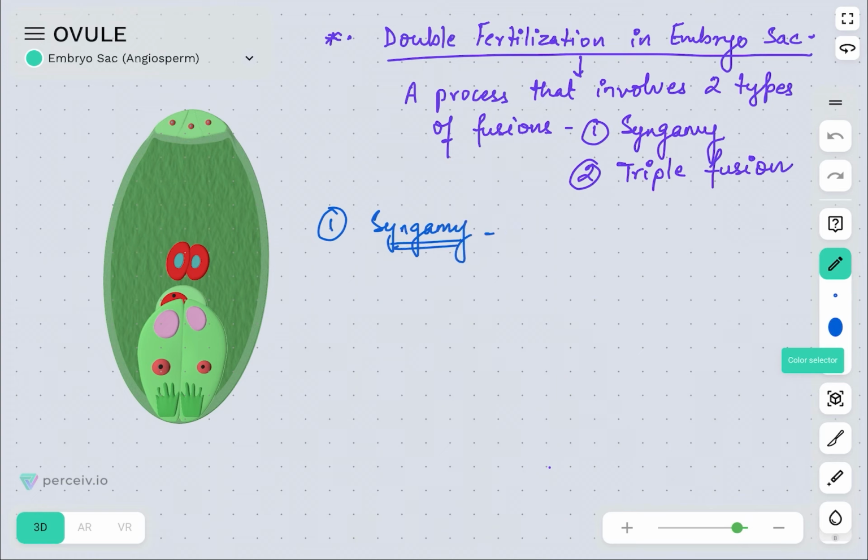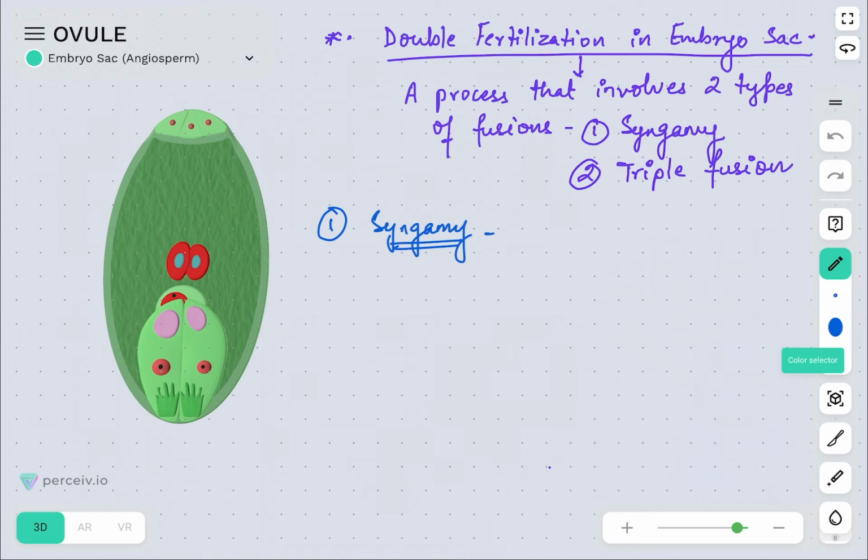Syngamy is the process of fusion of the one male gamete, or you can say the first male gamete. See, we have already seen in the video of the pollen grains that the generative cell of the pollen grain produces 2 male gametes. This we know.